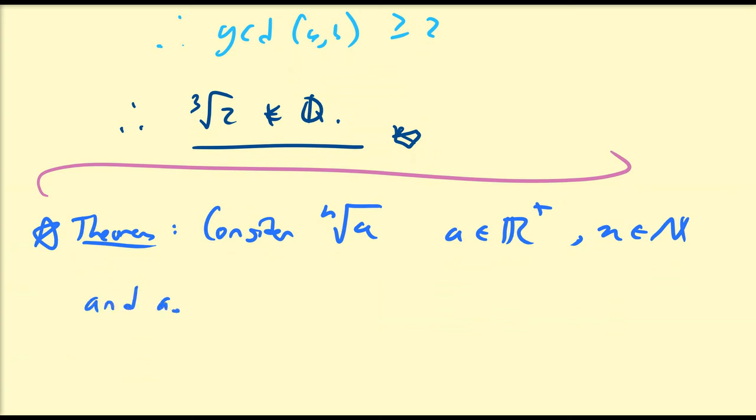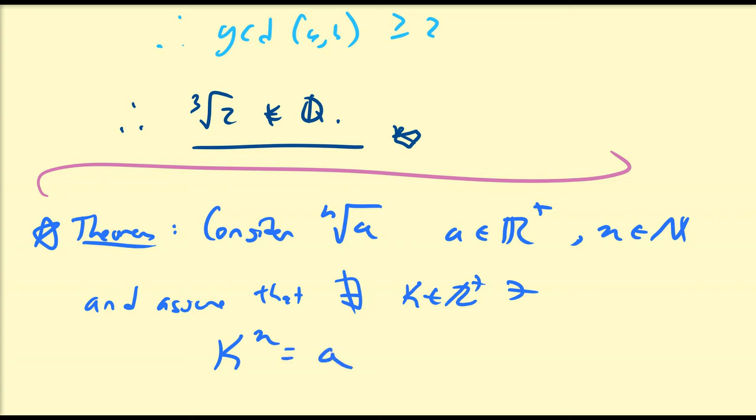And assume that there does not exist a k in the positive integers such that k to the power of n is equal to a, right? Because if that was the case, then the nth root of a would be equal to the nth root of k to the n, which is equal to k.